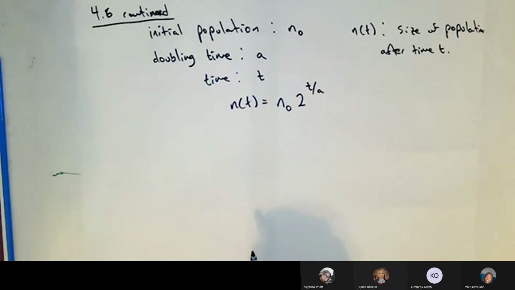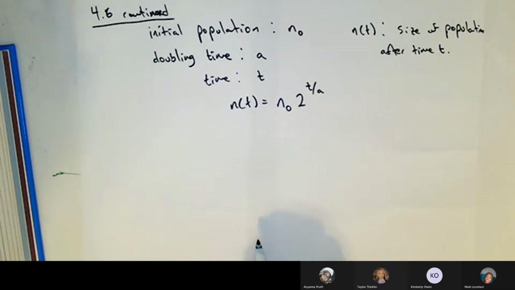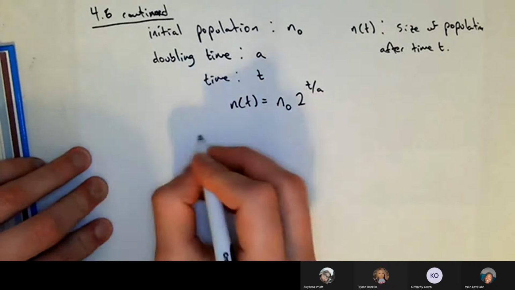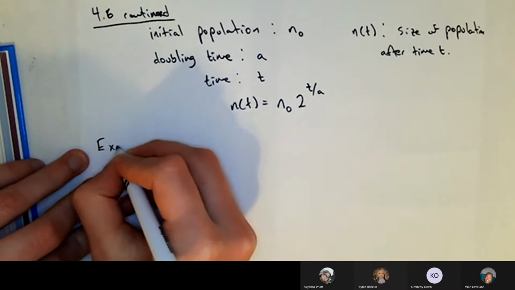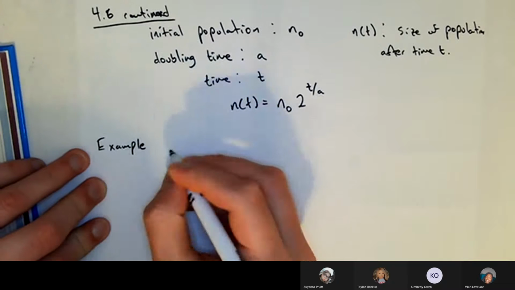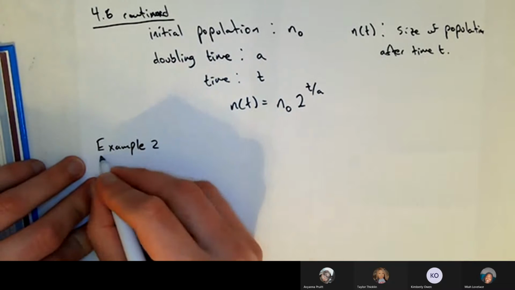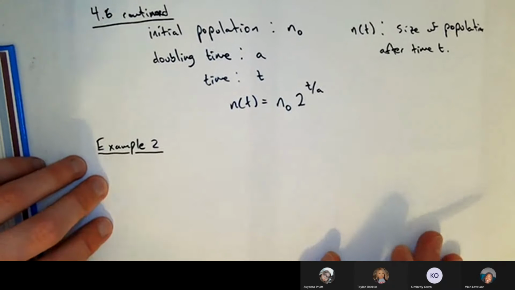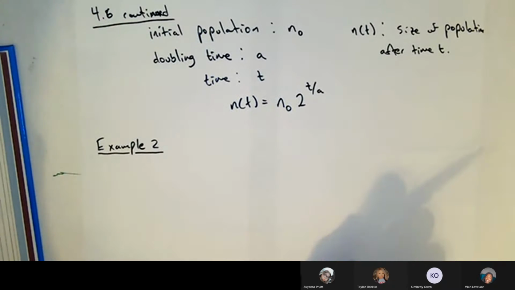Okay, so we already did an example with a bacteria population that was doubling every 3 hours. Let's now do a rabbit population, which does not double quite as quickly, but still does double pretty quickly relative to other mammals.